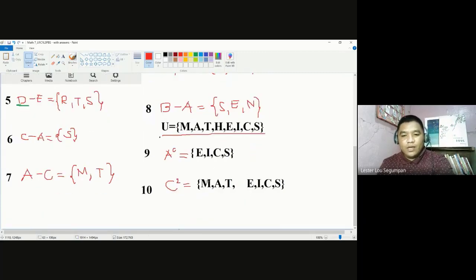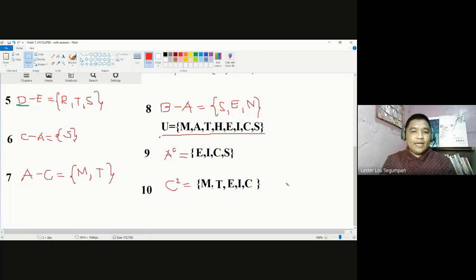H, A, and then S. What's left? That would be your result: M, T, E, I, C, with a close brace. This is our final answer for number 10.